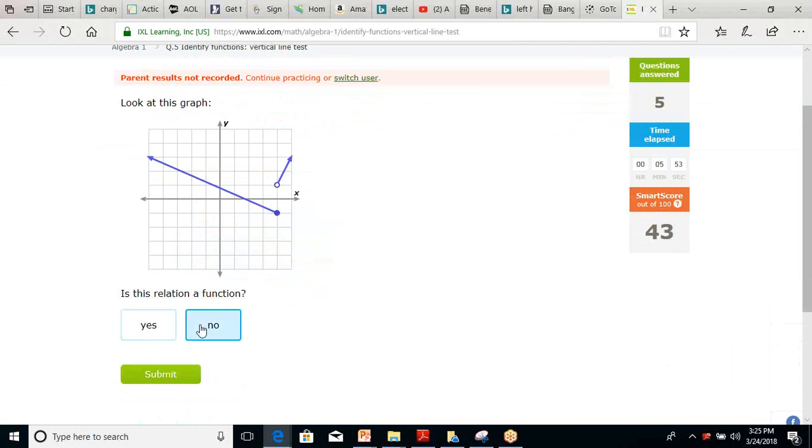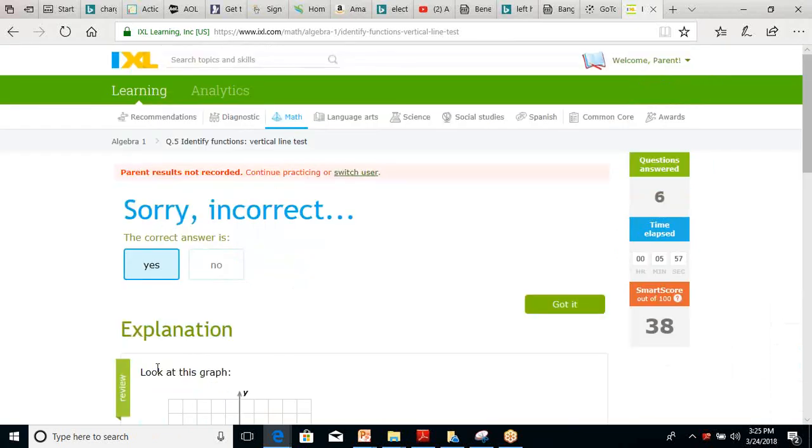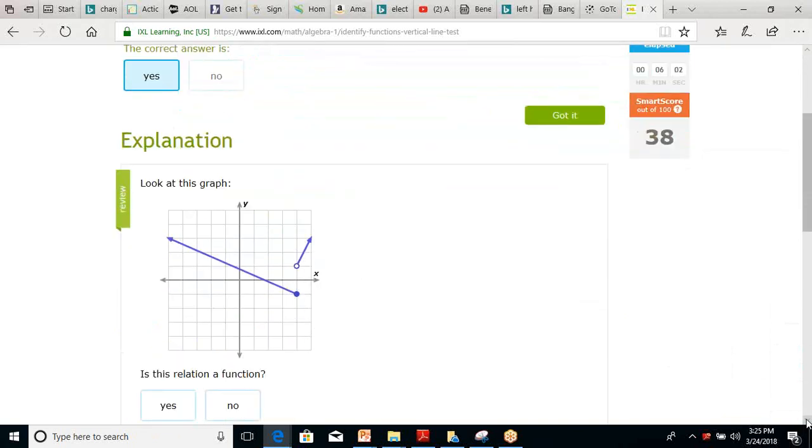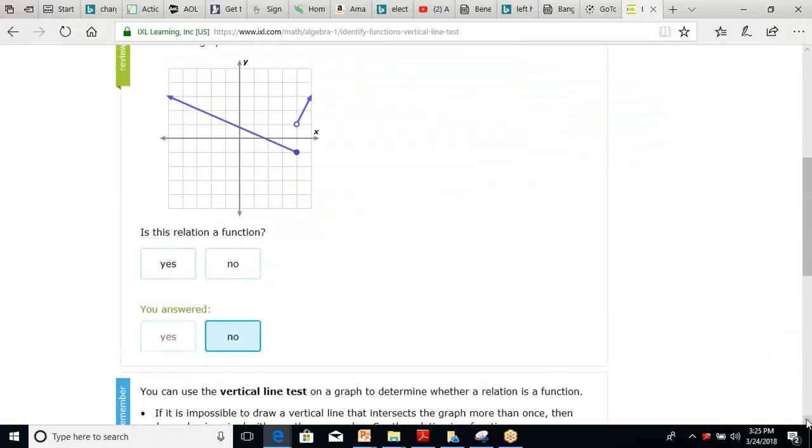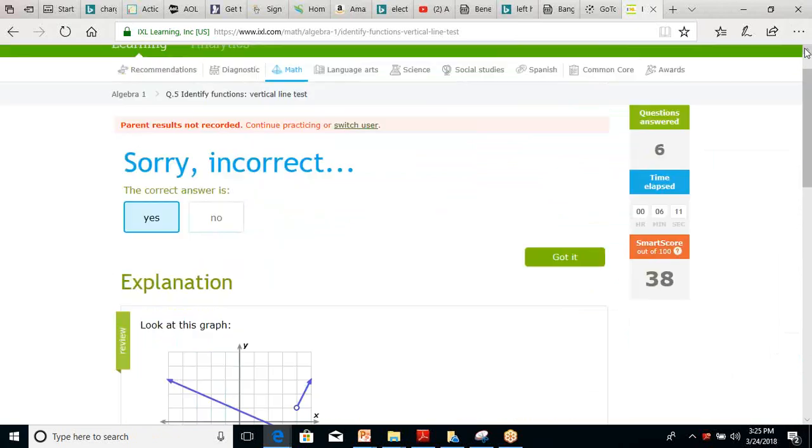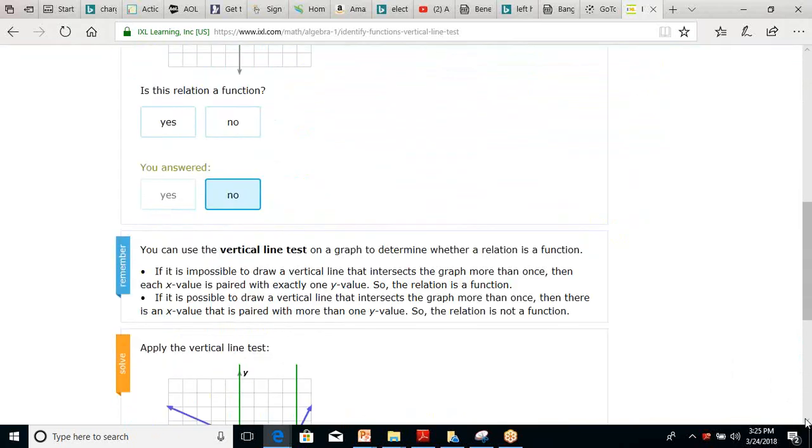Is that a function? Okay. So it is a function. So that one is a function.